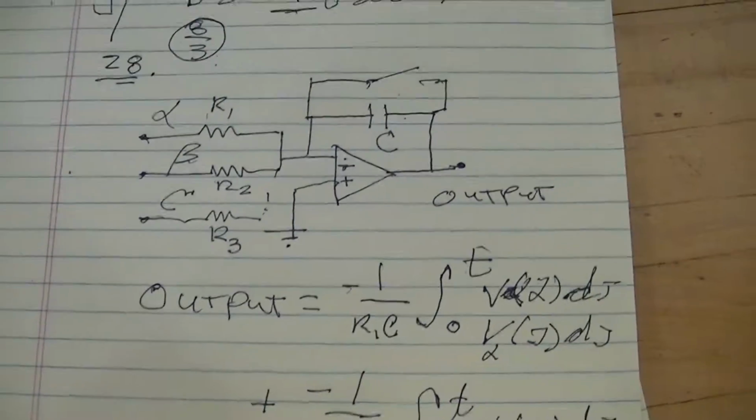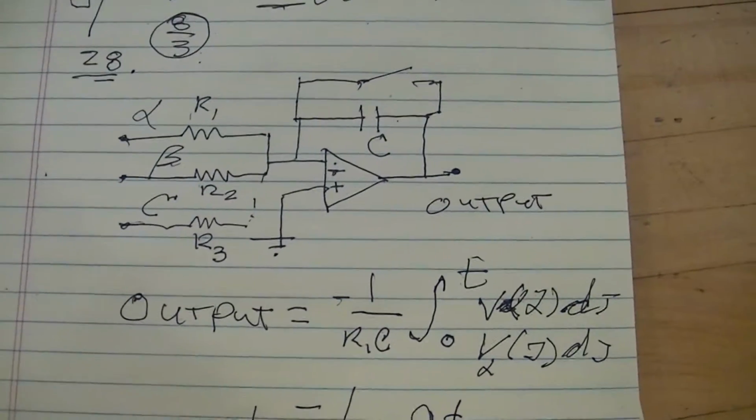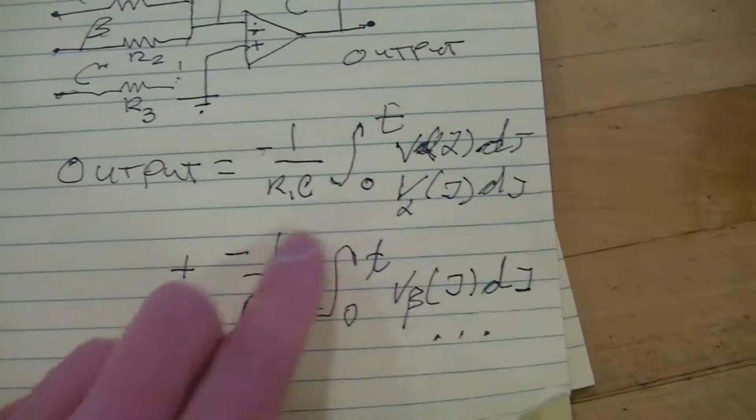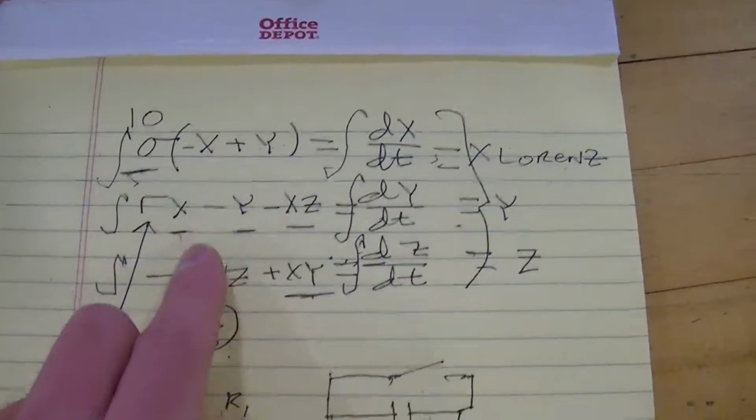So if we were to take this circuit and add the right resistor and capacitor values, then we could, in theory, make these integrals. See, negative constant times difference.